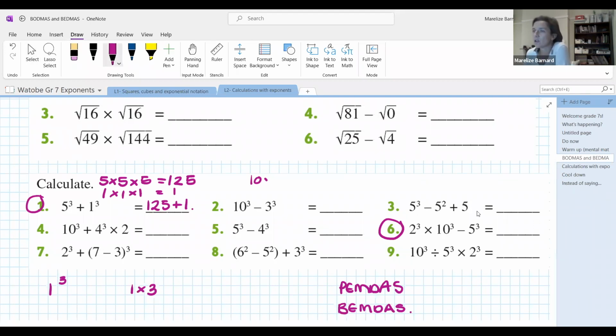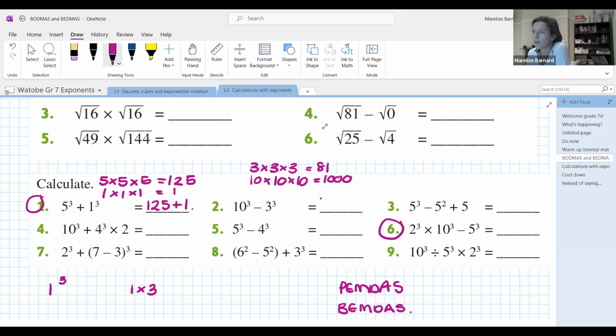Okay, let's do this last one. 10 times 10 times 10 is 1,000. So again, you can make a little note space for yourself with your cube numbers. And then 3 to the power of 3, you can put that in your note space as well. 3 times 3 times 3 is 27.